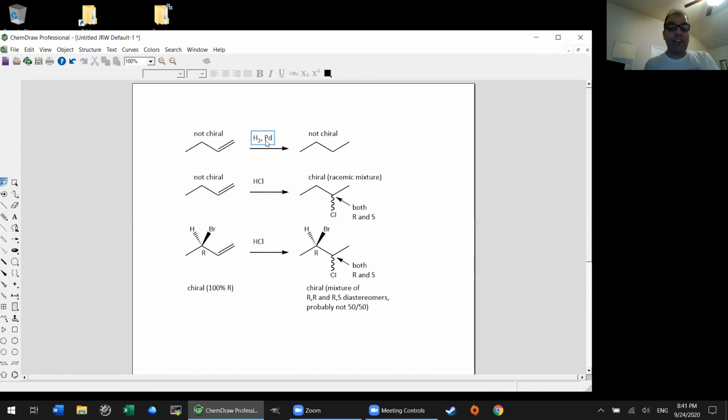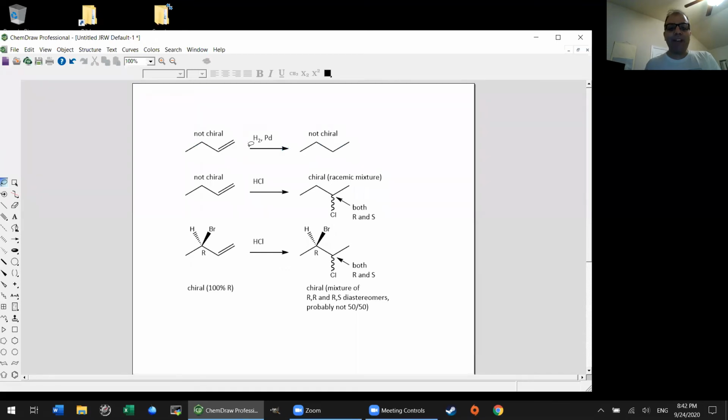And if we were to take this compound and hydrogenate it, in other words, treat it with hydrogen and palladium, or perhaps nickel or platinum metal as our catalyst, our product would, of course, be butane, right? The double bond will go to a single bond and receive both hydrogen atoms. This compound also is not chiral. So that's one possibility, and that happens quite frequently, that you start with an achiral compound and end with an achiral compound.